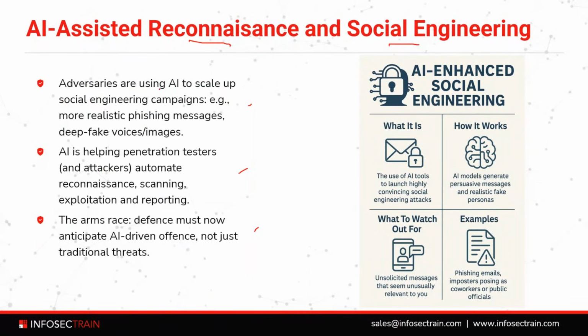Okay, you can see how the attackers are using this to create deepfakes, right? And not just deepfakes but realistic phishing messages also, and not just that, they're creating malware also, dangerous polymorphic malware that can avoid signature-based detections by continuously changing itself, right?